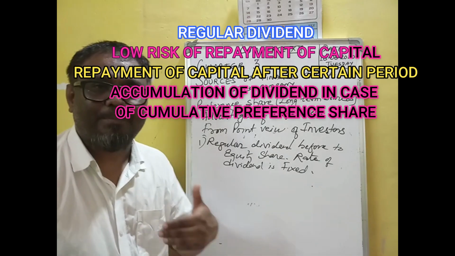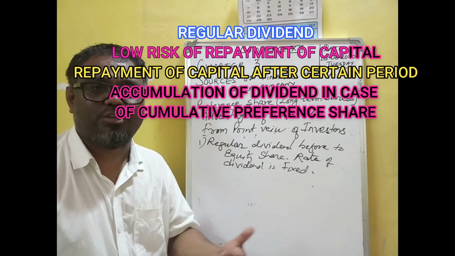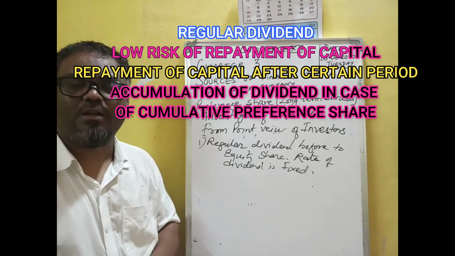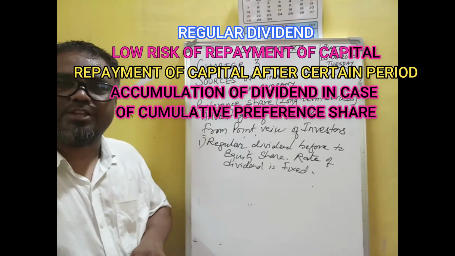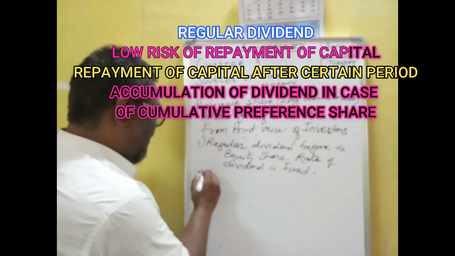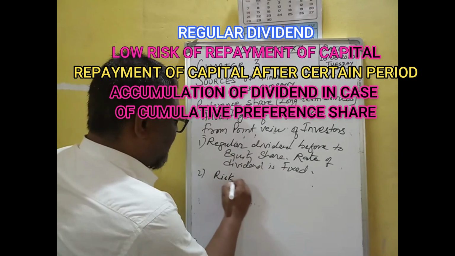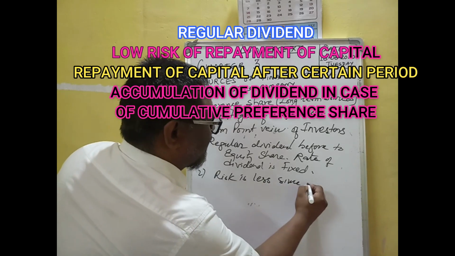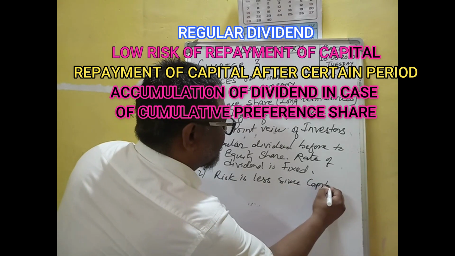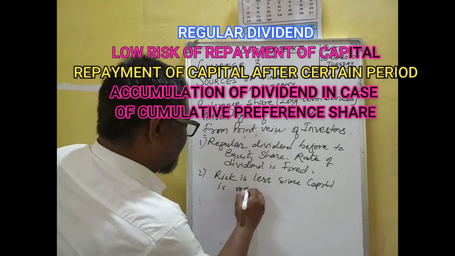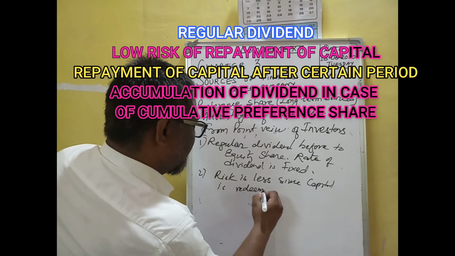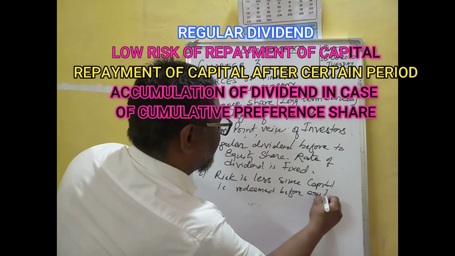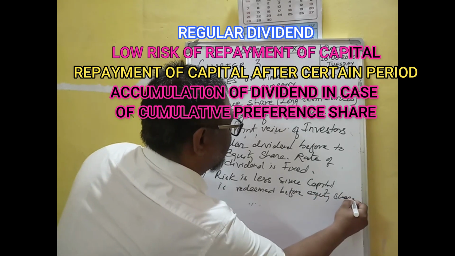Here, the risk of capital is much less than the equity share, because when the company is closed, first the company will return the capital of the preferential holder. That's why the risk of redemption of capital is less, since capital is redeemed before equity share capital.